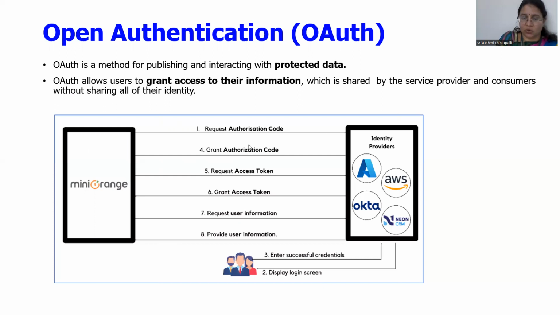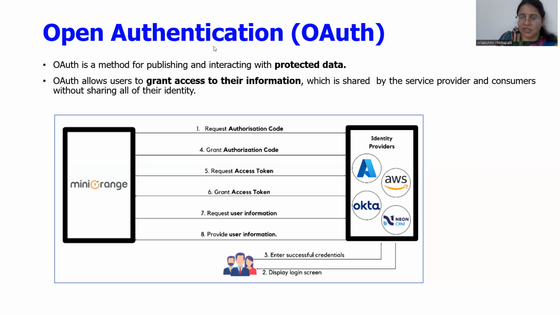So first step is there'll be a tie-up between the cloud providers and the third-party authentication organization, where they request the authorization code, and once the authorization code is received, then the user will be asking for some kind of services. So the cloud provider will ask for their credentials. Now these credentials are carried by the cloud provider and given to the third party authentication company. Now they verify if the users are genuine or not.